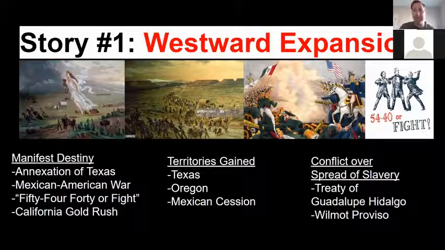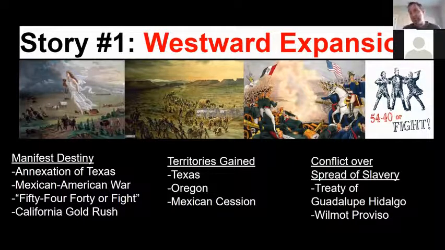Now, at the exact same time that we are seeing tensions grow with Mexico over California and the Mexican-American War, we also see Americans trying to push for land in Oregon. And so there's this slogan that was once again made by Polk, who was an expansionist president: 54-40 or fight, meaning that we are willing to actually go to war with Great Britain in order to gain the territory of Oregon.